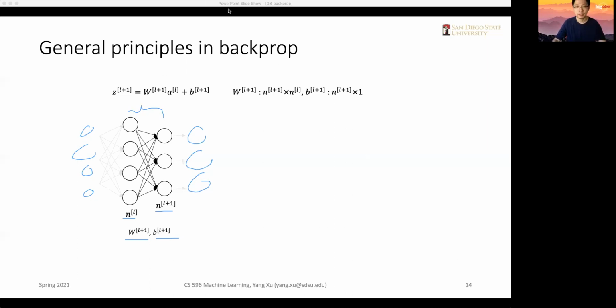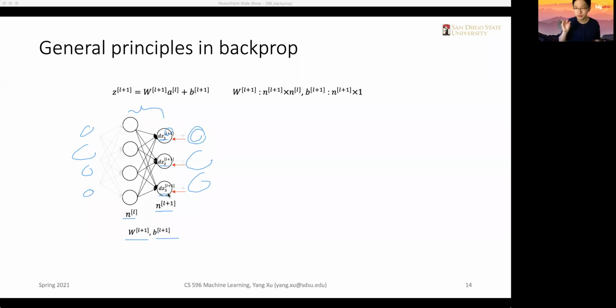We need to use the DZs from the future layer, or let's say later layers, which is L plus 1. These DZs are passed from the future layers, from the output layers. We don't care about how these quantities are computed.